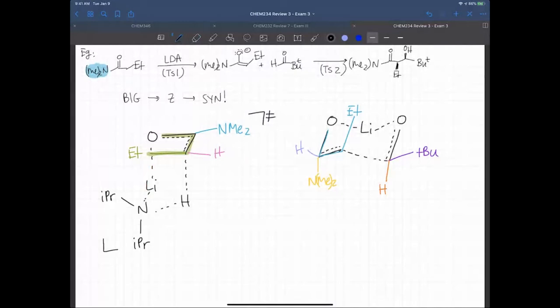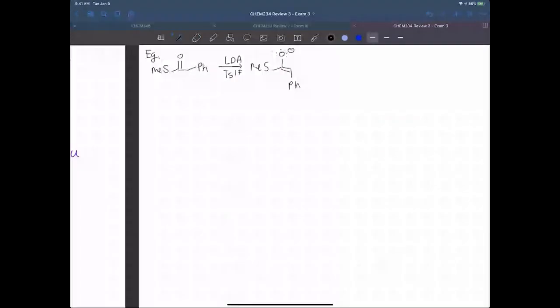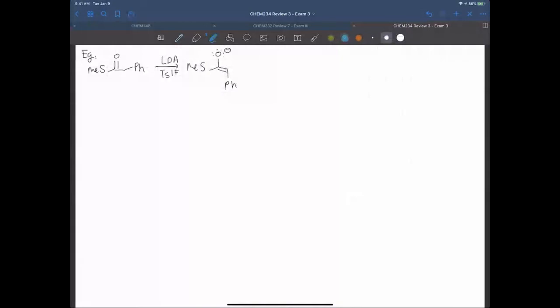Sorry, made a mistake here. Okay, so now I get my anti-alkene, just to verify that yes, this is anti. Okay, now I'm gonna add my aldehyde.